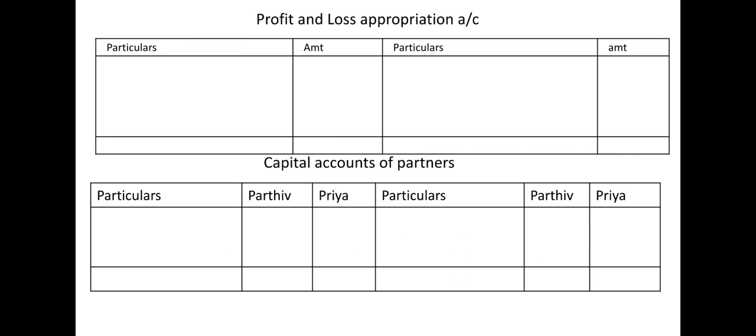Now in this sum, we are supposed to prepare all the accounts: trading account, profit and loss account, profit and loss appropriation account, capital account, and balance sheet. So all 5 accounts we are supposed to prepare. Now let's start the sum, students.